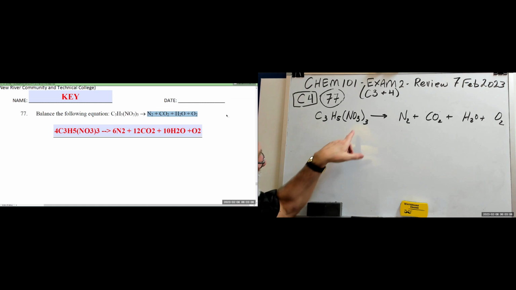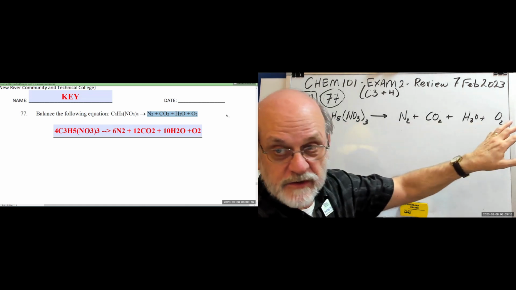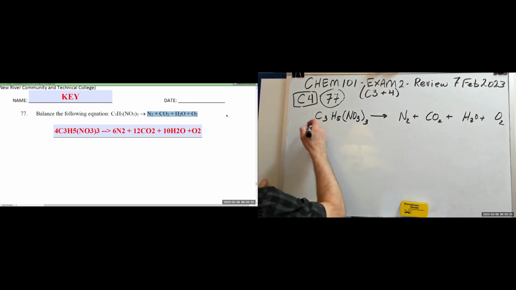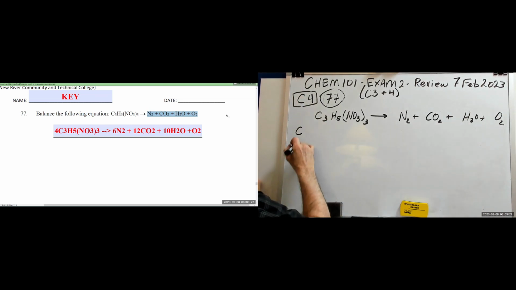Notice that this is a polyatomic ion, but it breaks apart over here. So we've got to treat all the elements separately. We've got carbon, we've got hydrogen, nitrogen, and oxygen.